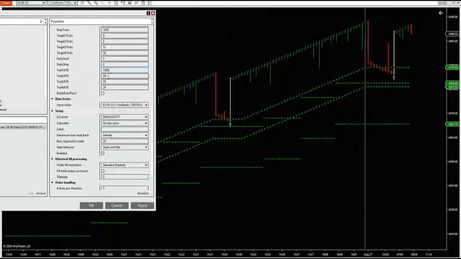Let's say that you wanted to put longer targets in. Just put 1,000 on our last target here. 1,000. Put 4 contracts.